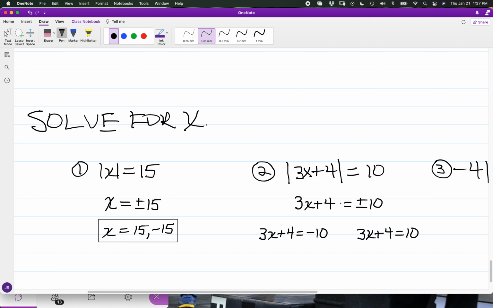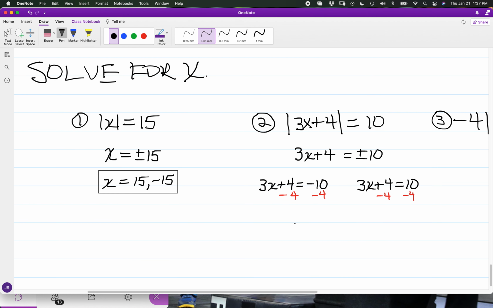So for both of these equations, I'm going to isolate the 3x upon taking 4 away from both sides. So we have here 3x is equal to negative 14. And for the lower solution in x, upon dividing by 3, we're going to have a negative fraction, minus 14 thirds.